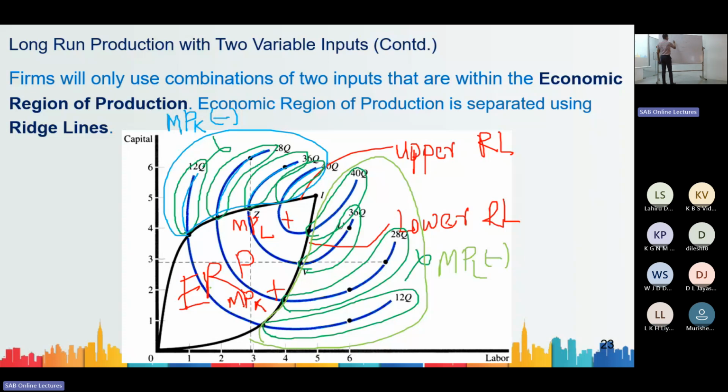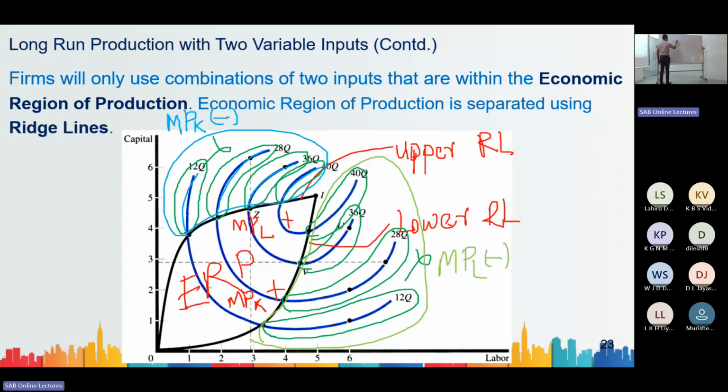To draw the upper ridge line, we find the points where marginal product of capital is zero.